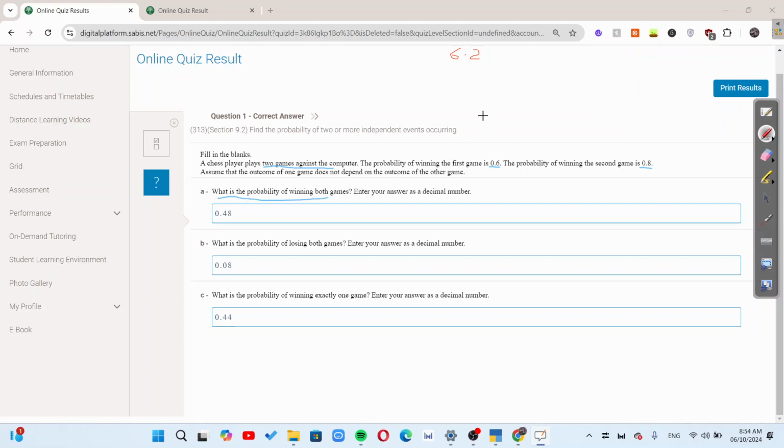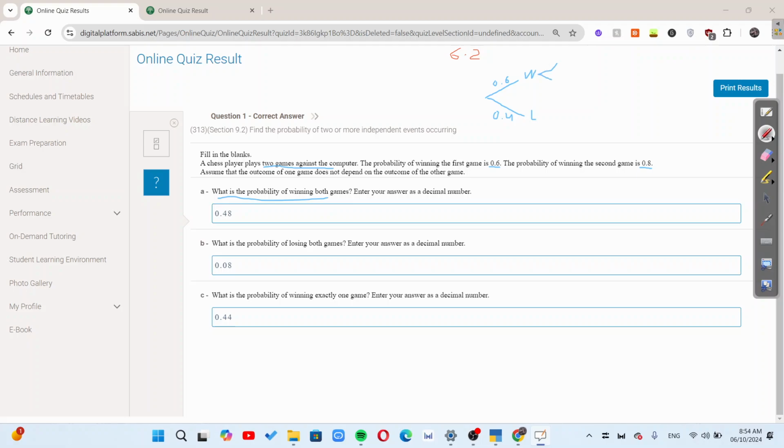He could either win or lose the first game. The probability of winning is 0.6, and here it's whatever is left of 0.6. So the chance he loses the first game is 0.4. You do 1 minus 0.6 to get your chance of losing.